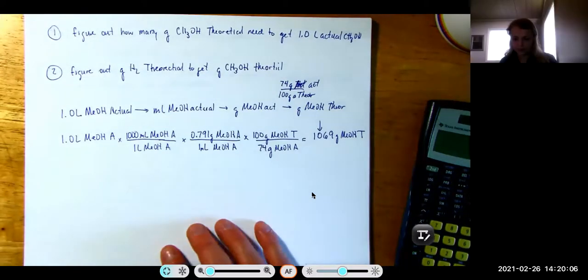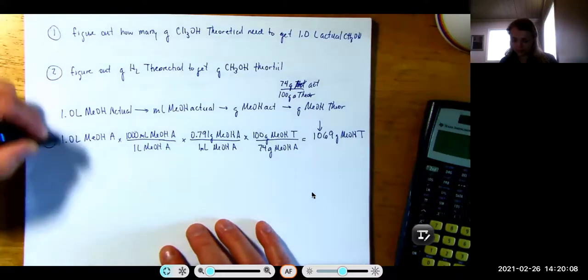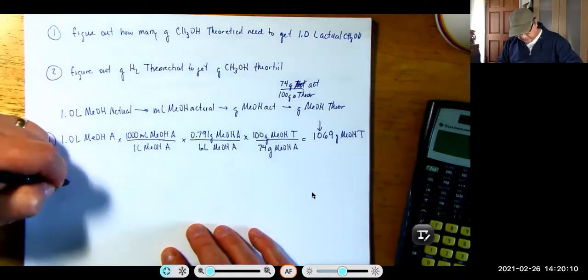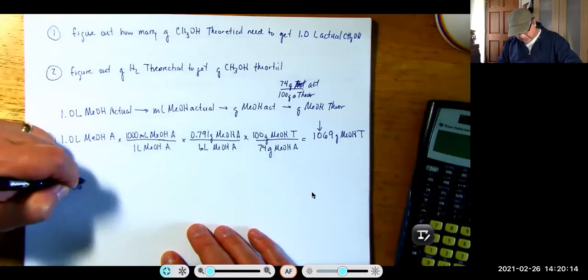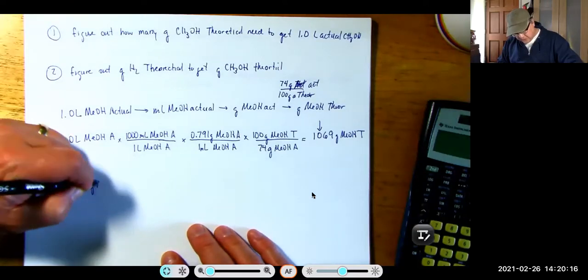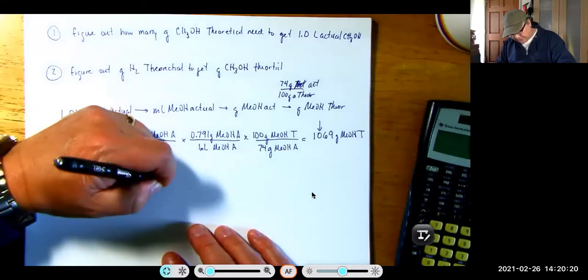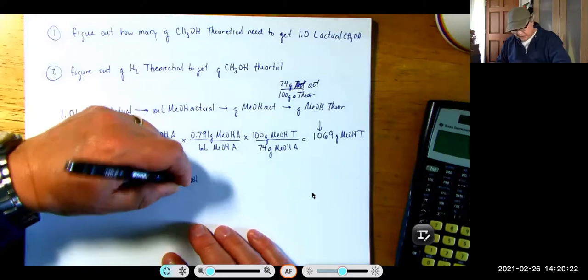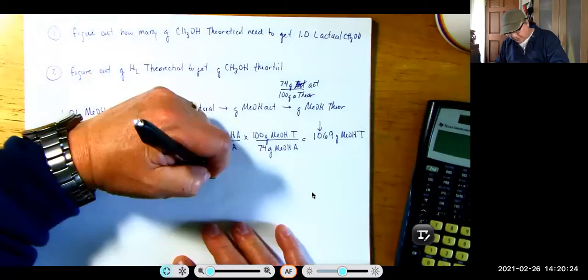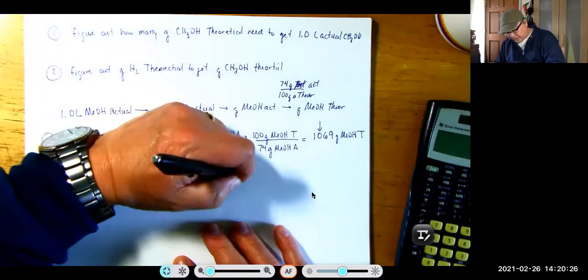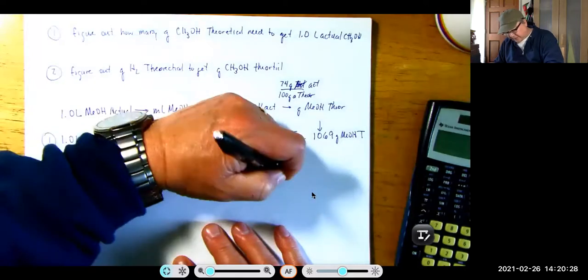So this is number 1. And then number 2 is going to be, we're going to take our 1,069 grams of methanol theoretical, convert that into moles of methanol theoretical, convert that into moles of hydrogen theoretical, and convert that into grams of hydrogen theoretical.